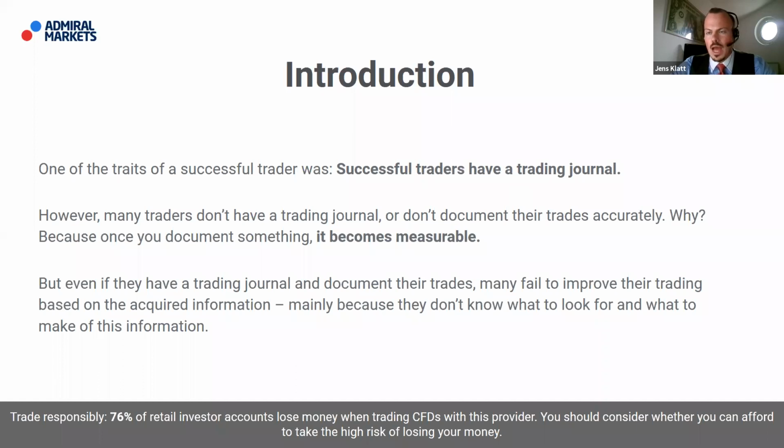The main reason why many people fail or don't want to document their trading is because it becomes measurable. If you document your trading, and your equity goes from the upper left to the lower right, falling, and you're losing money, you can obviously see you're losing money. Many people just don't want to be reminded of losing money.